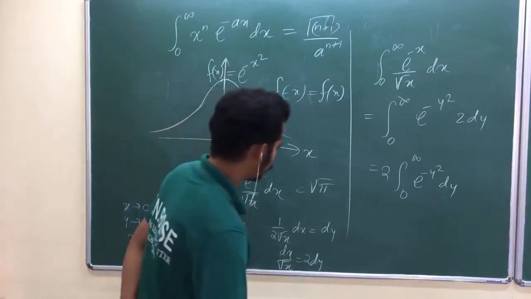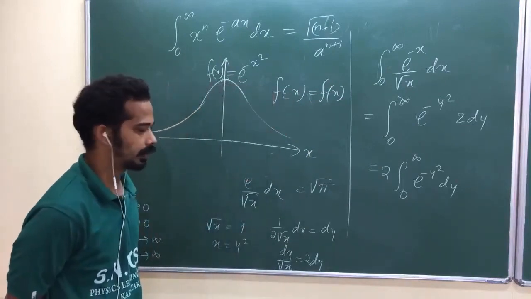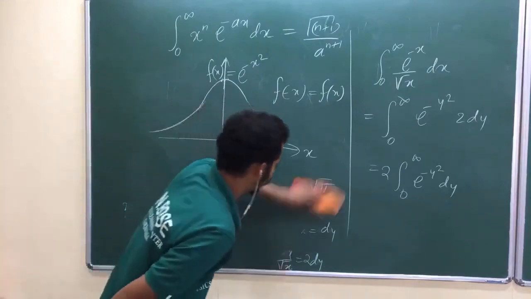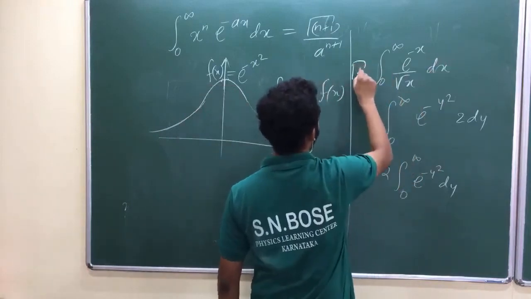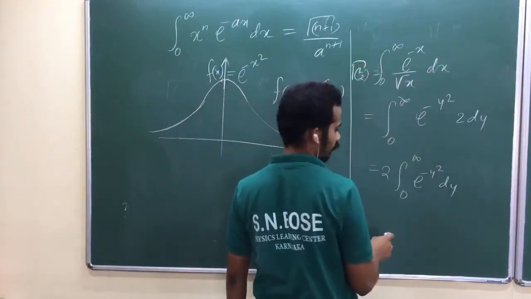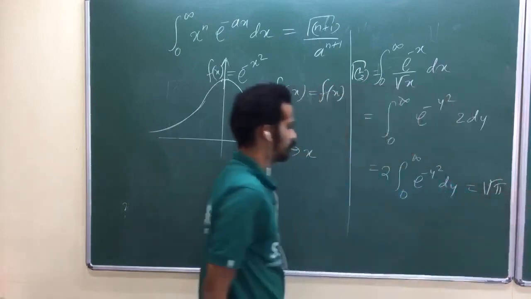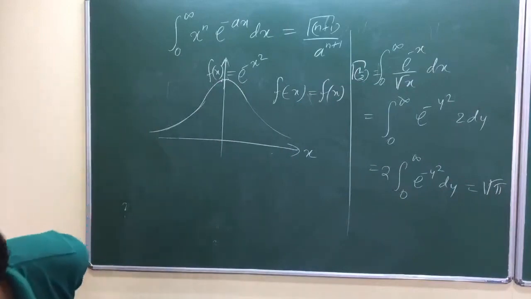Now, I told you one rule here. If you have an even function, now look at here. What is this one? This is gamma of half. Am I right? Gamma of half is equal to root pi, isn't it? The answer of the integral is root pi.